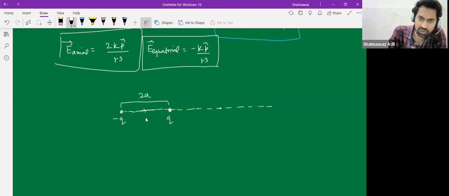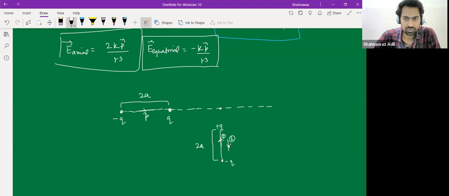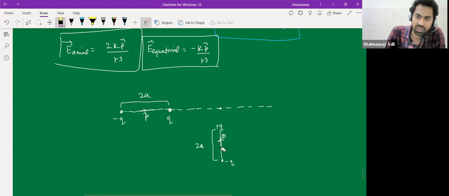The dipole moment is P. There is another dipole like this, with plus Q and minus Q, which has the same separation. Which would be the dipole moment, one or two? Yes, one. So this would be the direction of the dipole.